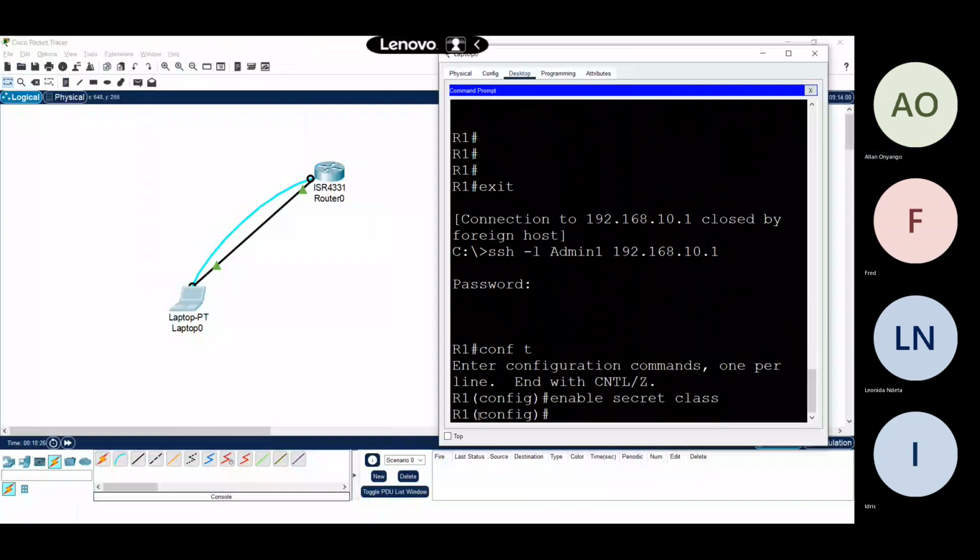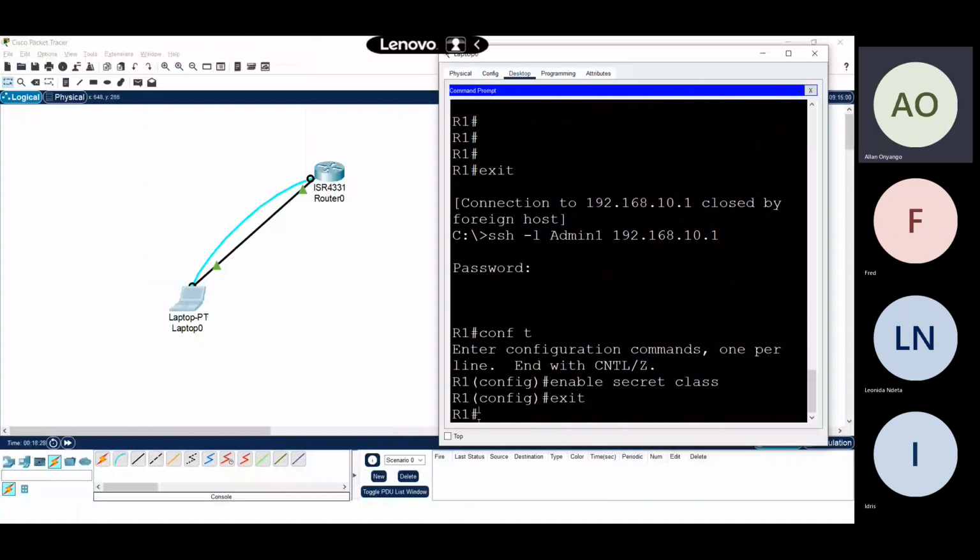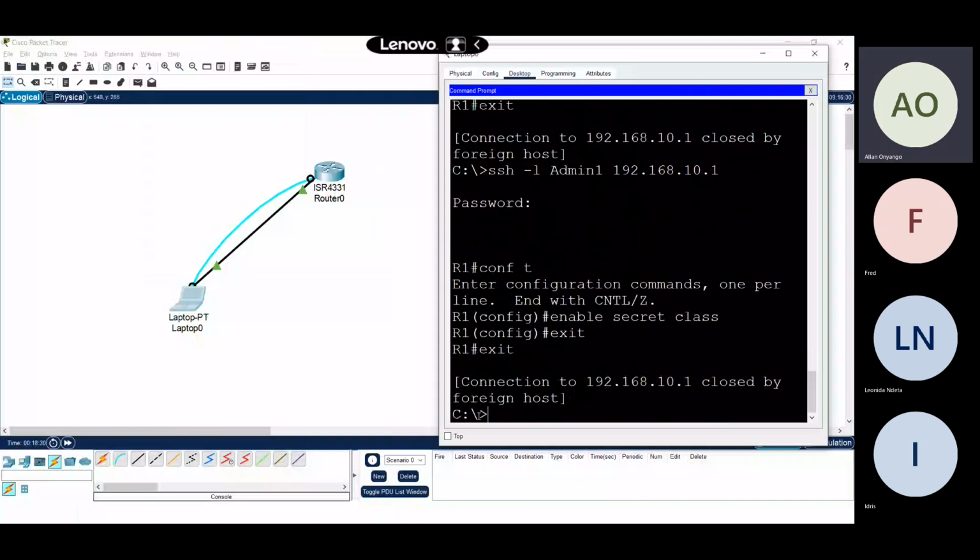Now, let me exit again to go back to the PC. Exit again. Now, look at me. I want to log in with username number 2, admin2. I'm going to leave the password and the IP address, and just change the username from admin1 to admin2.